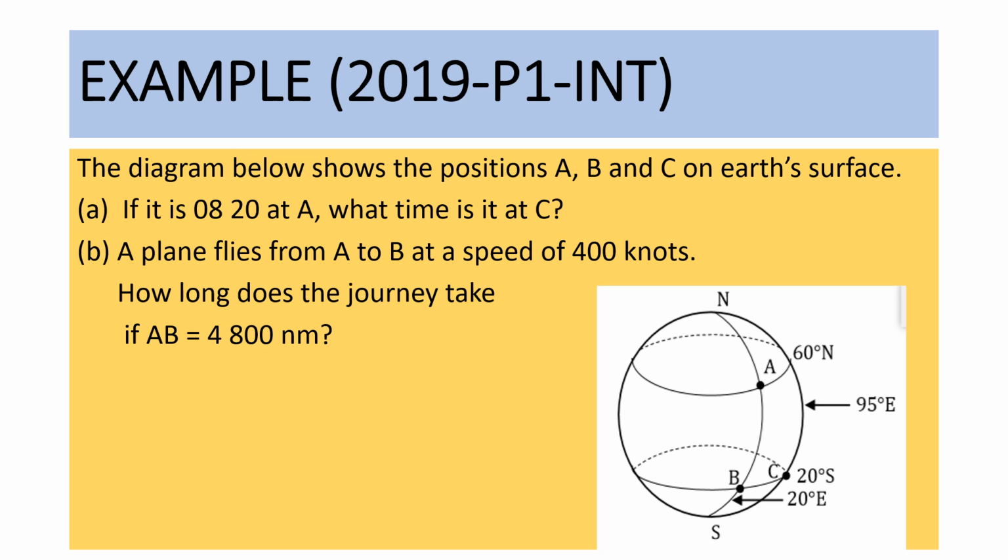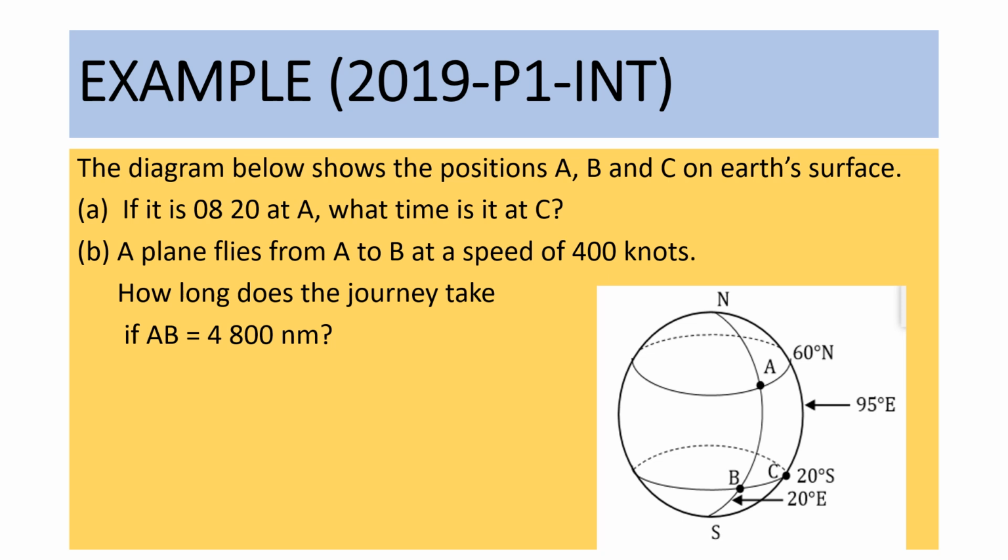Let us now look at this example, which I got from the 2019 past exam paper, Paper 1 internal. The diagram below shows the points A, B, and C on Earth's surface. Question A: if it is 08:20 hours at A, what time is it at C?